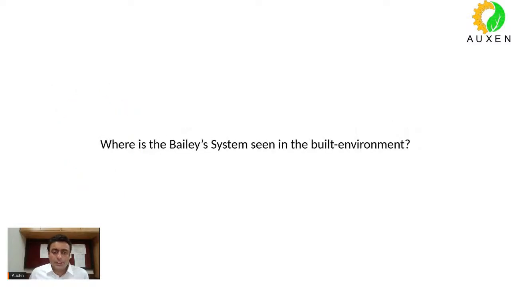But where have you seen this type of a system anywhere? Has anyone seen it anywhere till now? Yes. If you are good observing structural engineers, you must have seen them somewhere. As a structural engineer, we should also be very good at observing things. Yes, no one has seen it anywhere in the built environment.